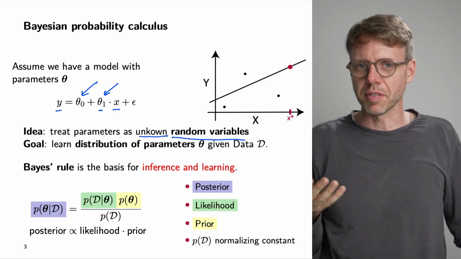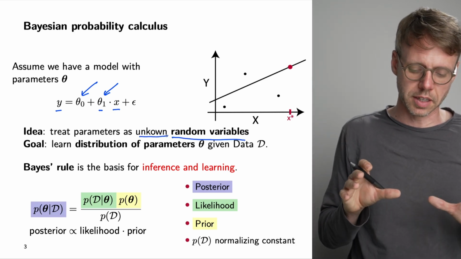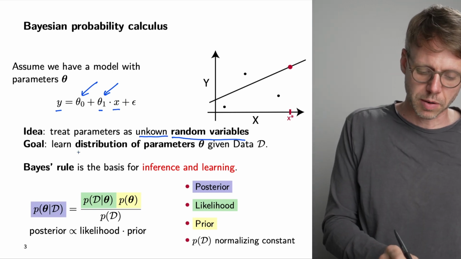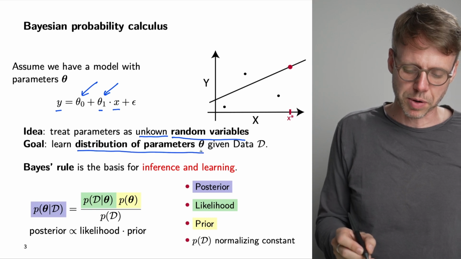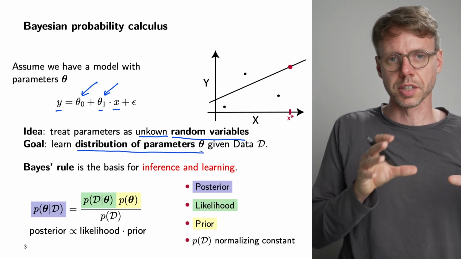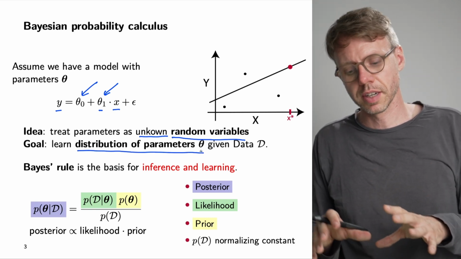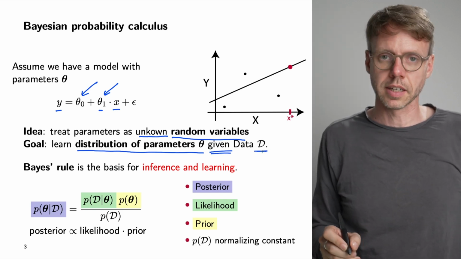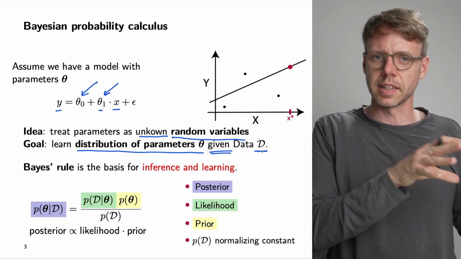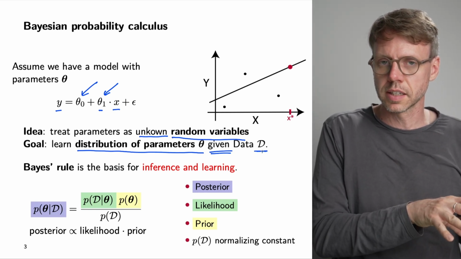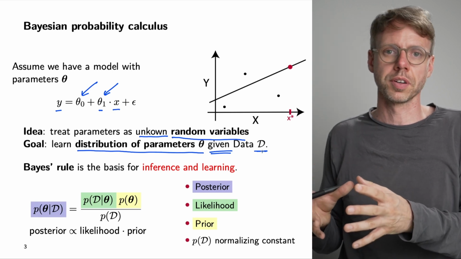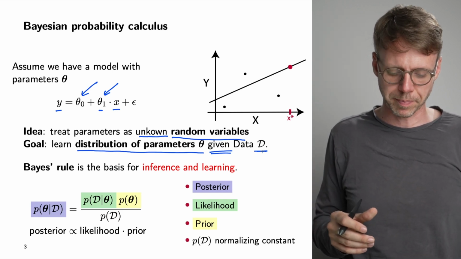Random variables have a distribution, and the distribution of these parameters is what we're after. That's exactly what we want to learn. And we want to learn this distribution given the data, given our data set. So in this case, the data set is fixed and the parameters are unknown and a random quantity.